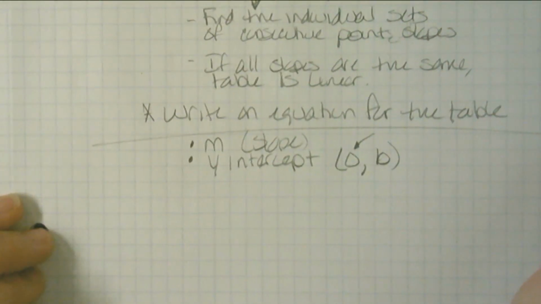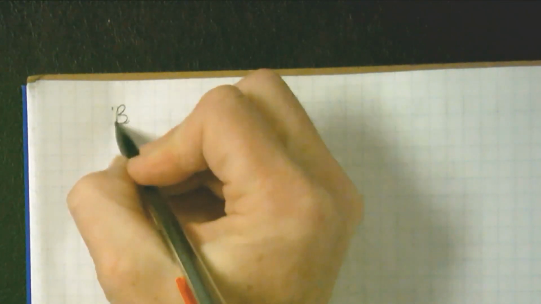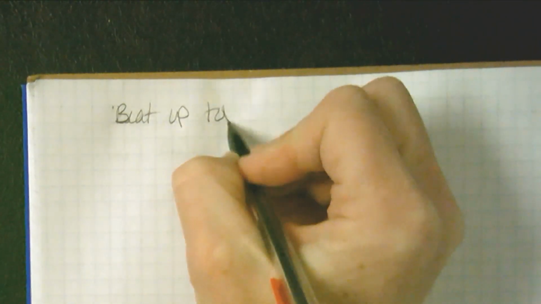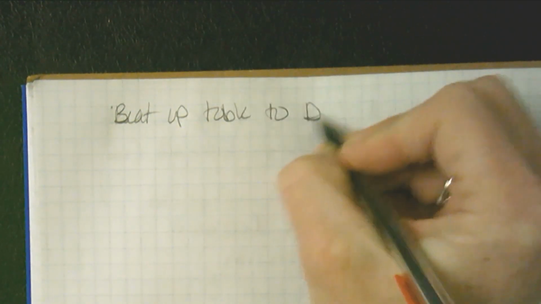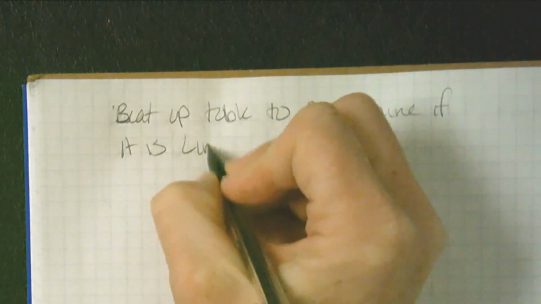All right, so let's take a look at a table. What I want you to do is beat up the following table to determine if it is linear.